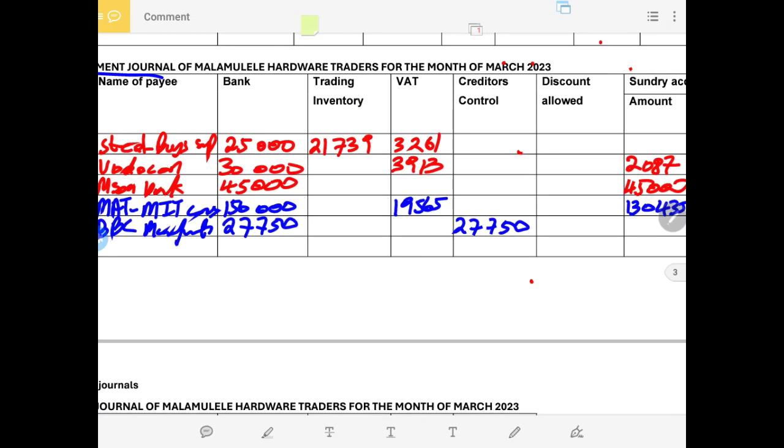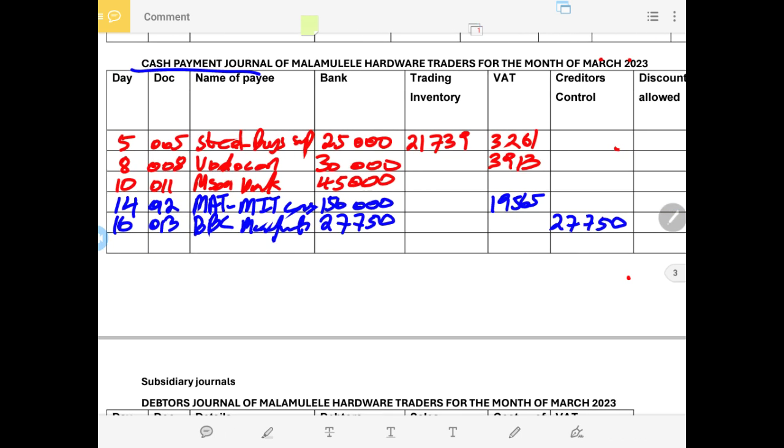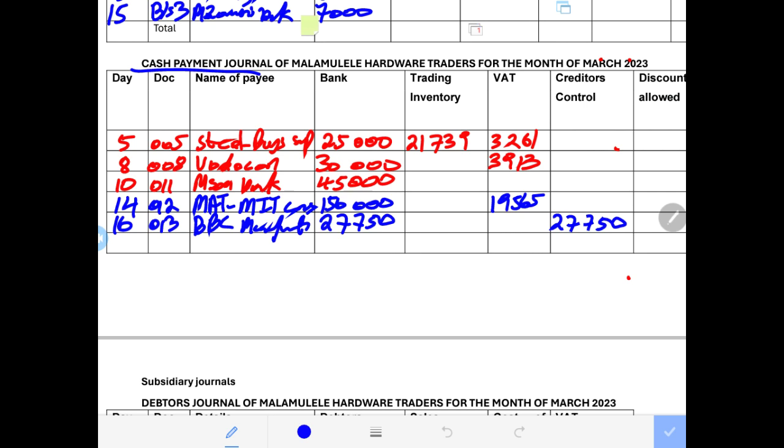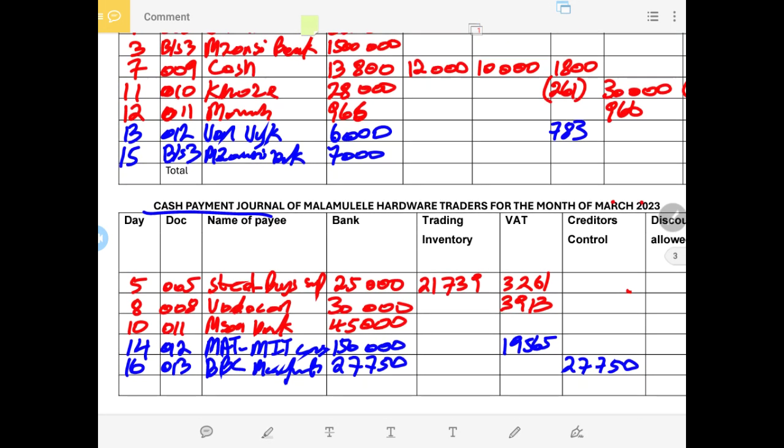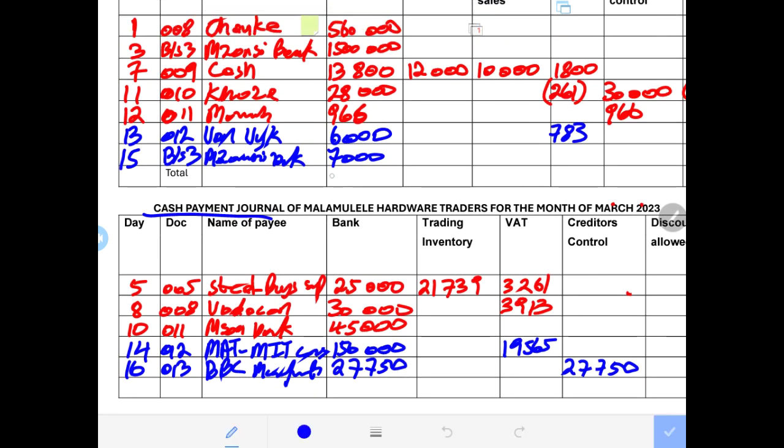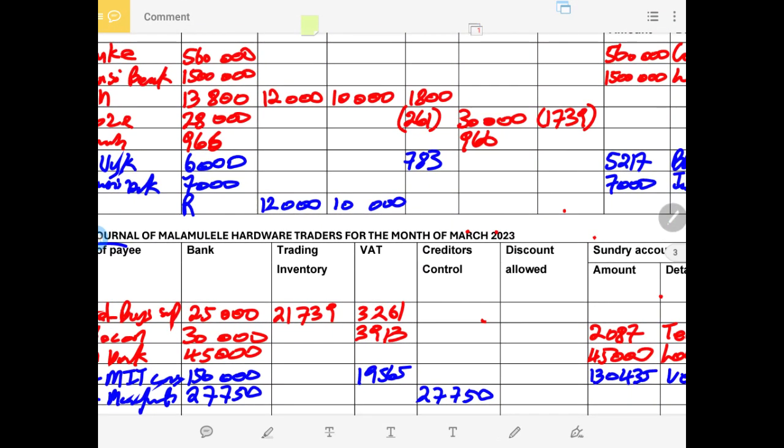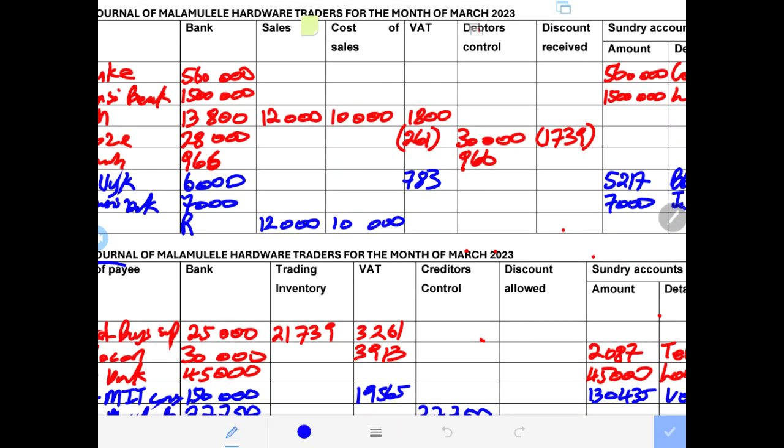With those words, guys, allow me to say thank you. I will not be doing the totals. Please do make sure that you write the totals in here. At the end, we need the total for each of these. I'll only write the ones where it's just single amounts. Total for each of these, 21,739.